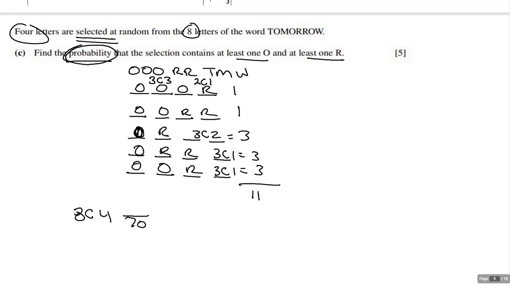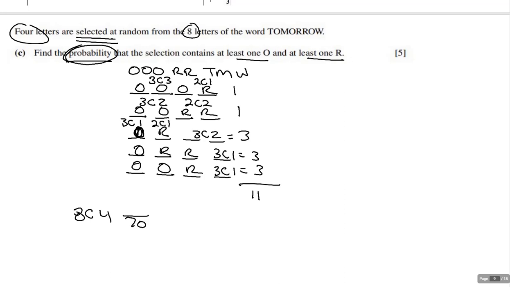Yes. And then how would I fill in these 2 O's? There are 3 of them, but I'm choosing how many? 2. And there are 2 R's, and I'm choosing both of them. Now, once again, when I get to this one, I've got 3 O's, but I'm only choosing one of them. I've got 2 R's, but I'm only choosing one of them.